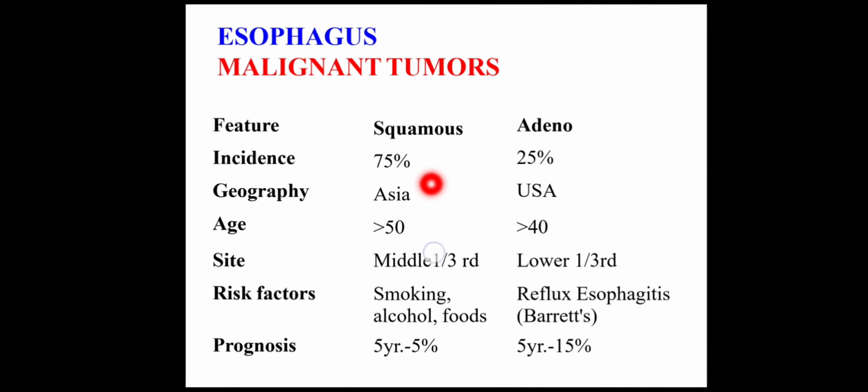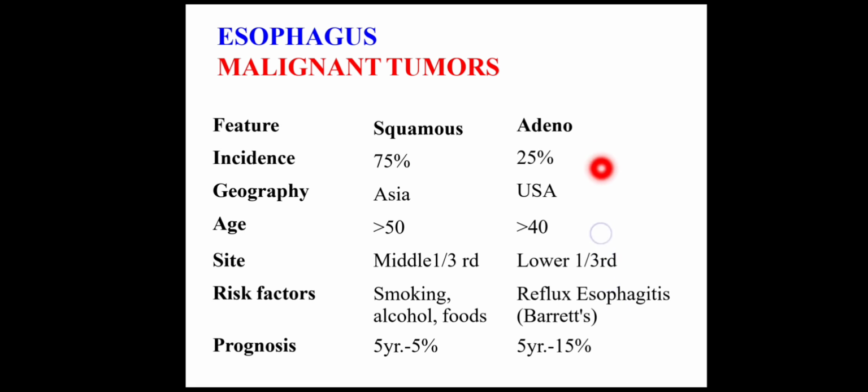Squamous cell carcinoma is more common than adenocarcinoma. It is more common in Asia, and it occurs in people more than 50 years of age. The site of squamous cell carcinoma is the middle one-third of the esophagus, and the site for adenocarcinoma is the lower one-third. The risk factors for squamous cell carcinoma are smoking, alcohol, and foods, and for adenocarcinoma it is reflux esophagitis or Barrett's esophagus.